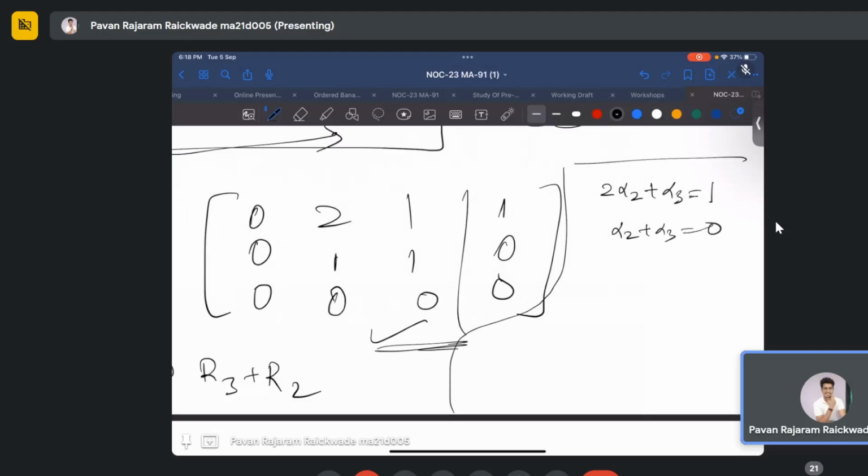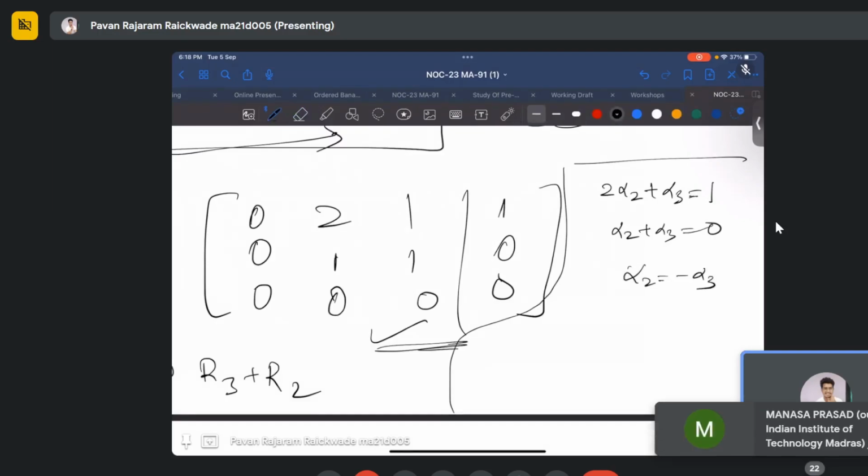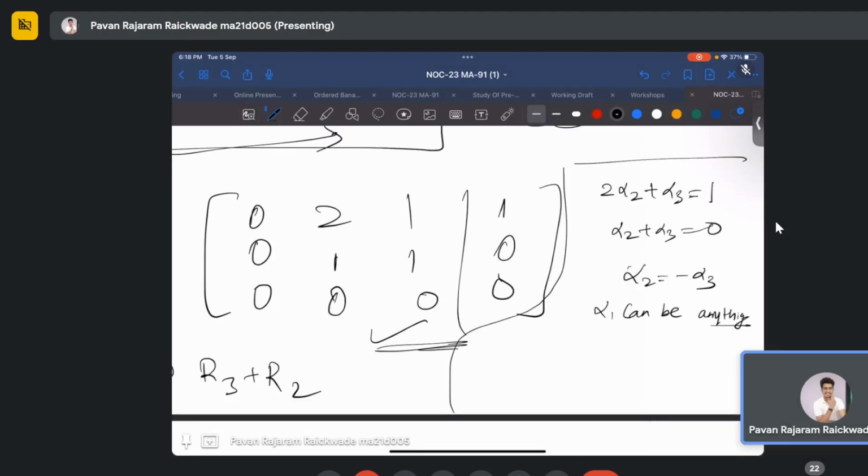So alpha 2 has to be minus alpha 3. Alpha 1 can be anything.